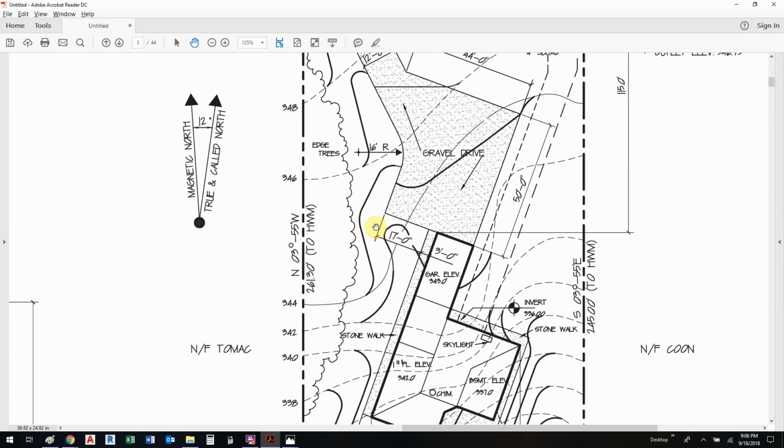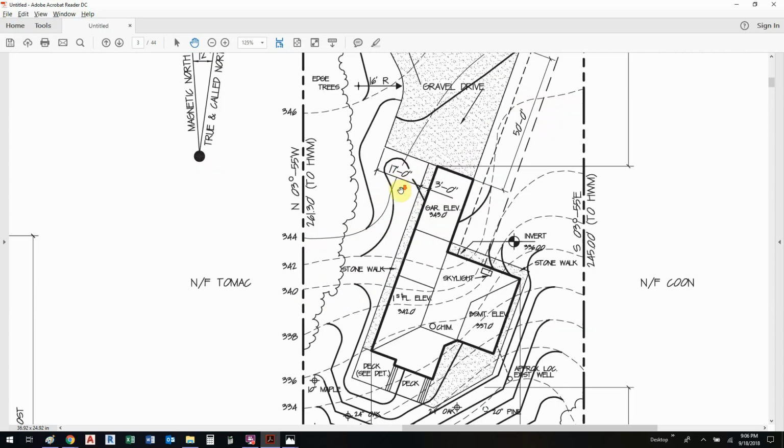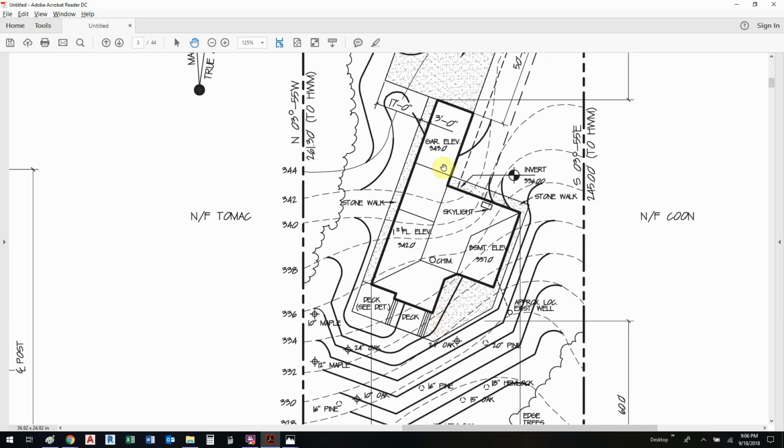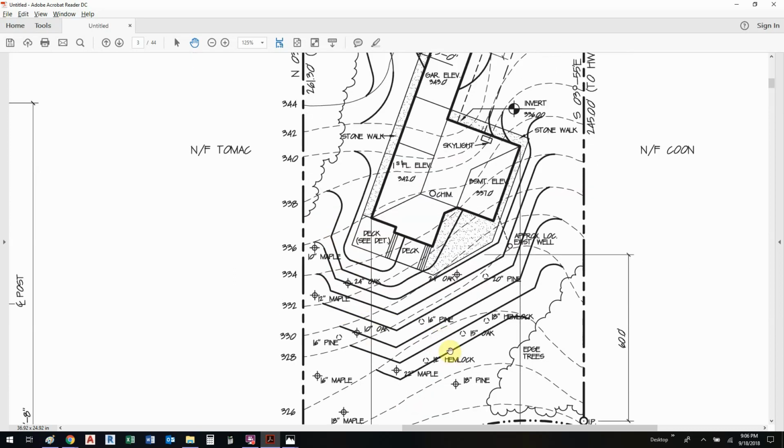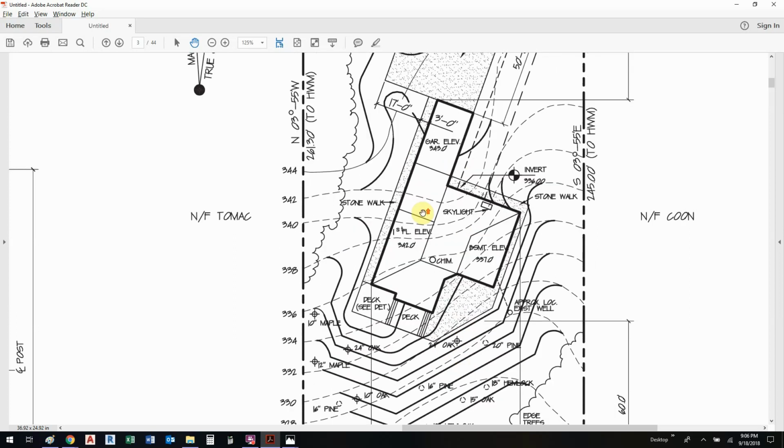We're going to cut this line and pull it up to here. At this point, we're going to fill here. We're going to take all of this that we cut and start pushing it over the edge here so that we lengthen this out and make a nice little terrace and a level place for our house.